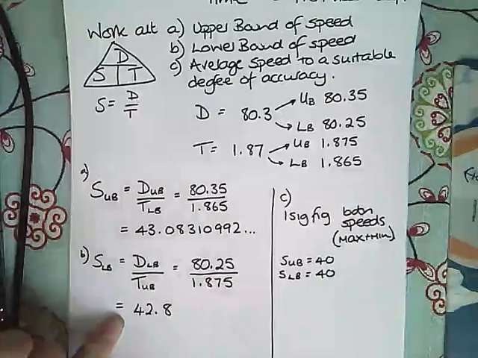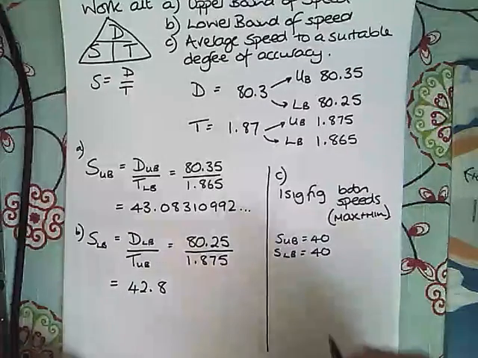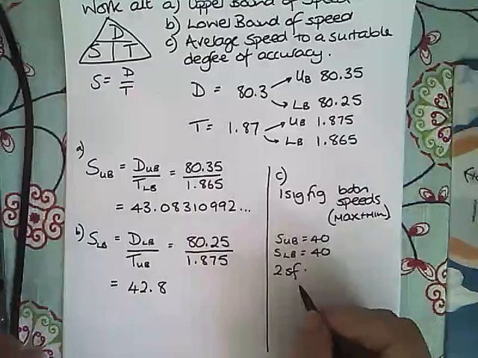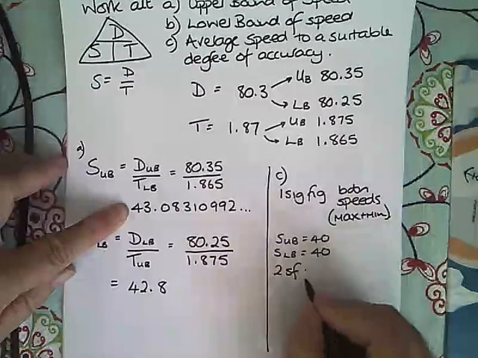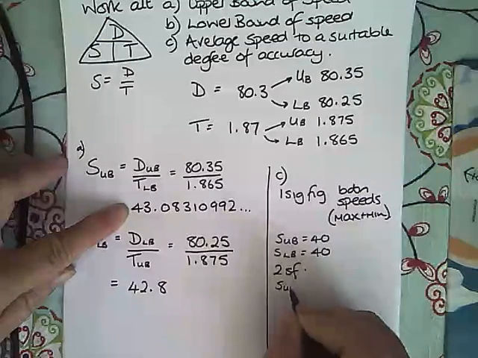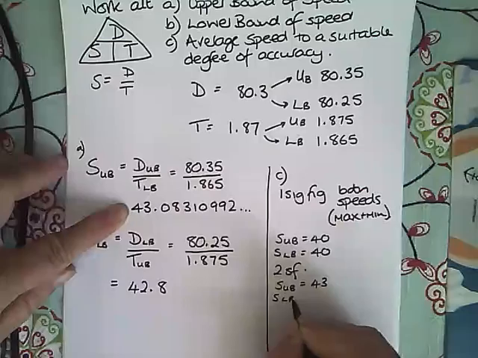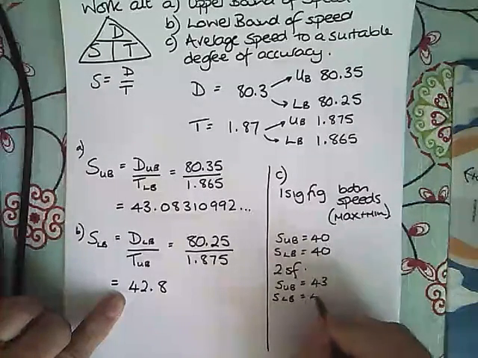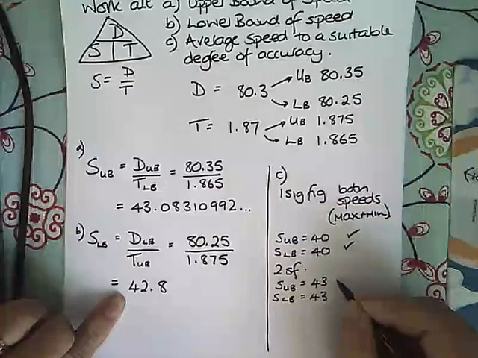So they agree to one significant figure, but I'm going to try and see if I can get it more accurate than that. So now I'm going to two significant figures. The speed upper bound is 43, and the speed lower bound to two significant figures, 42.8, becomes 43. So they agree to two significant figures.